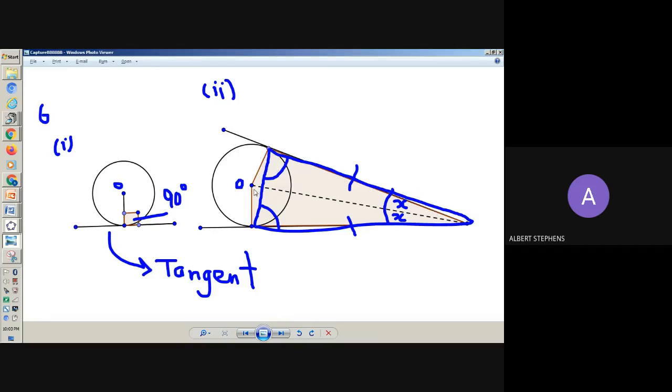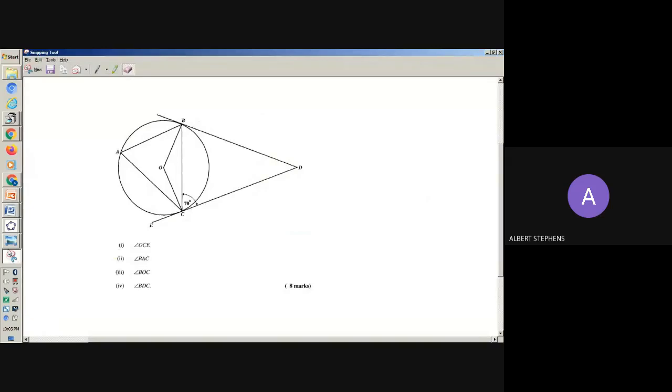It's only when the line goes to the center that you get the right angle. So would you agree with me that this triangle here? All right, hold on, let me show you what I'm talking about. If I were to do something like this, then you'll have the right angle triangle, not true?